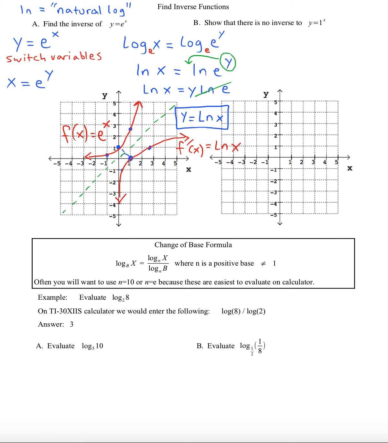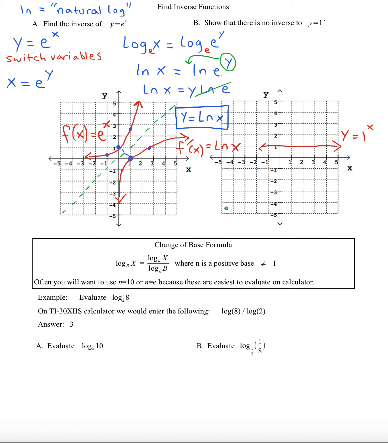For the next one, show that there is no inverse to the function y equals 1 to the x. Well, 1 to the x is actually a really easy function to draw. 1 to any power is itself. So this is the function y equals 1 to the x.